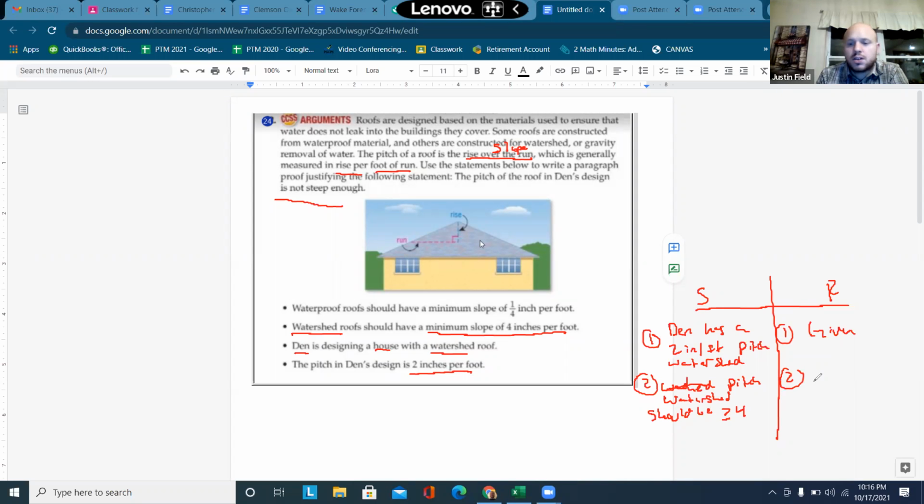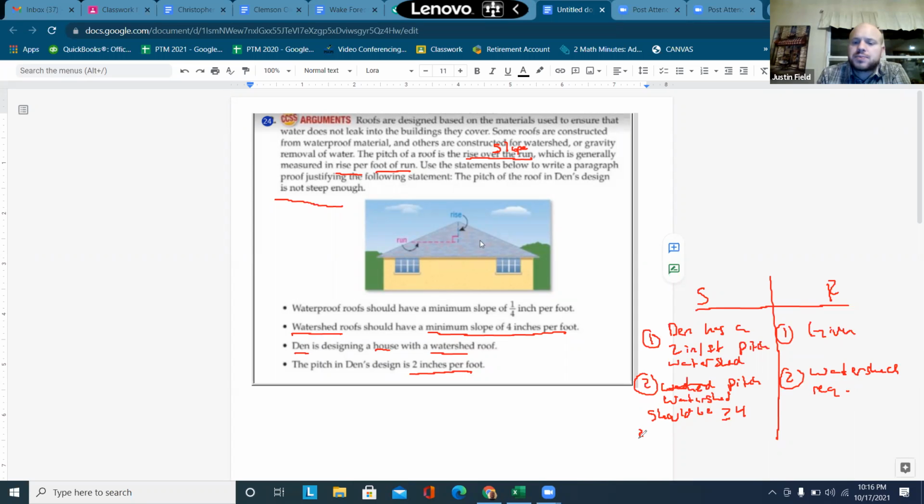The reason is that is the watershed requirement, right? That is the standard, right?